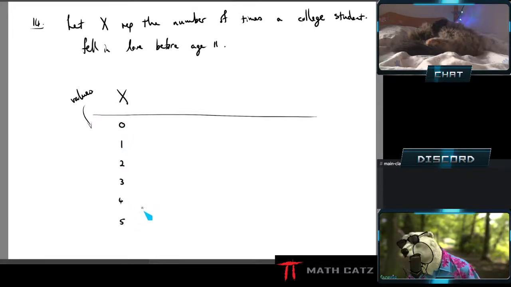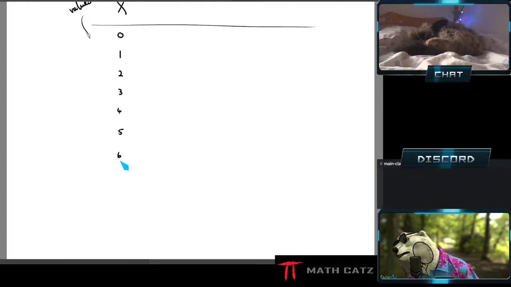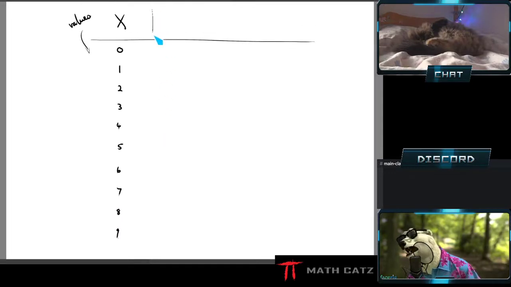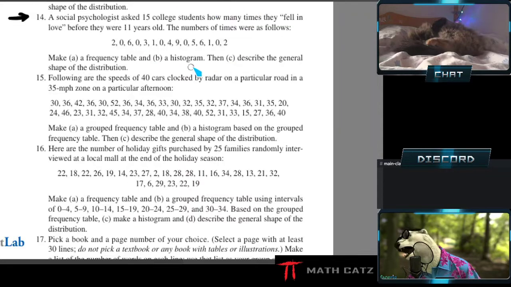Can't skip any value in that range that I observe. Then I want to get the frequency of how many times these values occur as scores in my collection of 15 measurements.